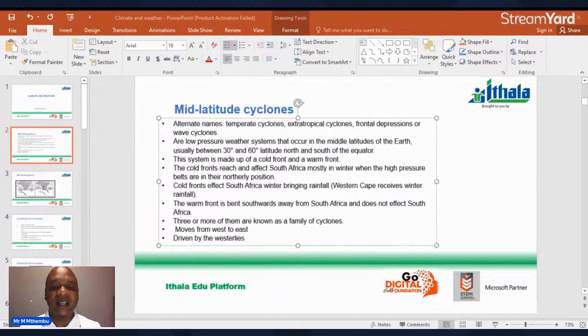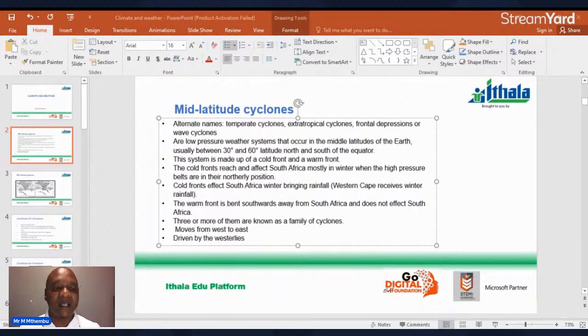Those areas that are affected when the mid-latitude cyclone comes are the Western Cape, especially Cape Town, because Cape Town is the edge of South Africa. Western Cape receives winter rainfall. So the warm front is bent southwards, away from South Africa, and does not affect South Africa.